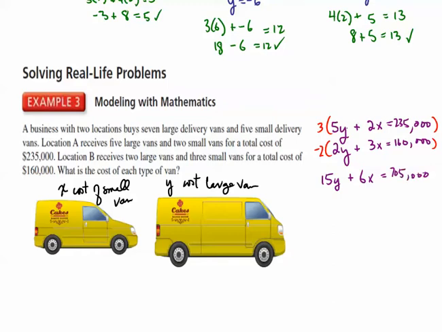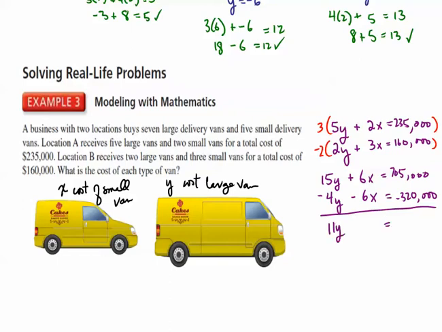For the second equation, when I multiply through by -2, I get -4y minus 6x is equal to -2 times 160,000, which is -$320,000.